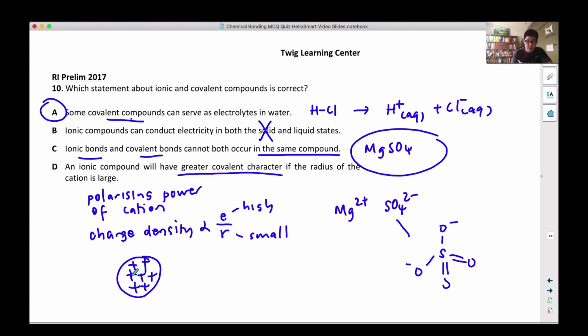So if we say it's a high charge density, it can probably polarize the anion much more easily. It polarizes, meaning it pulls the electron cloud towards itself. So when it distorts the electron cloud, it will have greater covalent character. So this statement is wrong. It will have greater covalent character if the charge density is high and the radius is small. So this is definitely wrong. It should be that the radius of the cation is small.